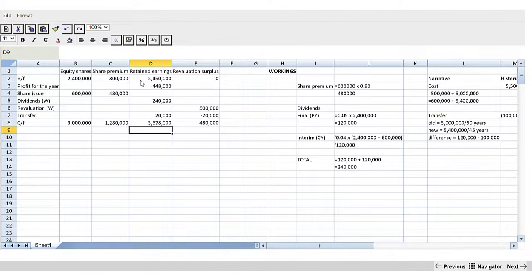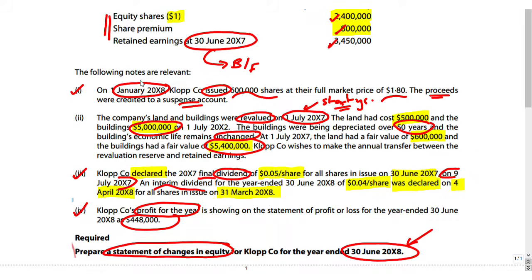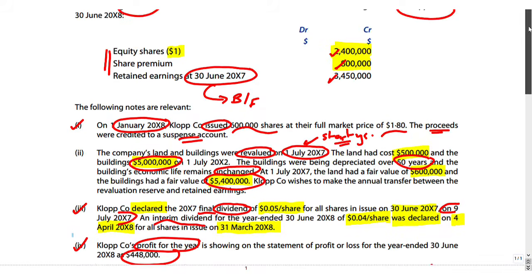I think we're all complete, aren't we? So let's just go back. Quick check. We've done everything we were required to do. So right at the start, we had to prepare that statement of change in equity. Remember what we said is that it's an add-on at the end of any question. Once we've done that, we put in the opening balances, didn't we? So effectively, we dealt with those first. We then put in the profit figures.